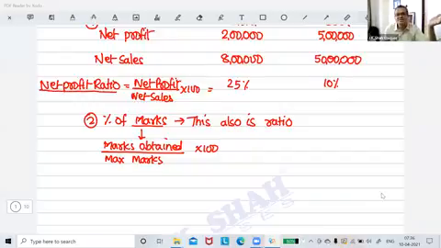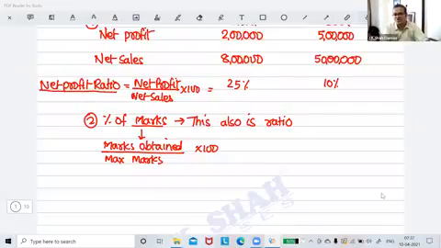It's a human tendency to compare. It's a human tendency to find out whether I'm efficient or inefficient, whether I'm superior or inferior. That you can't stop. And from the company's point of view, it indicates the efficiency, whether the company is doing well or not doing well.